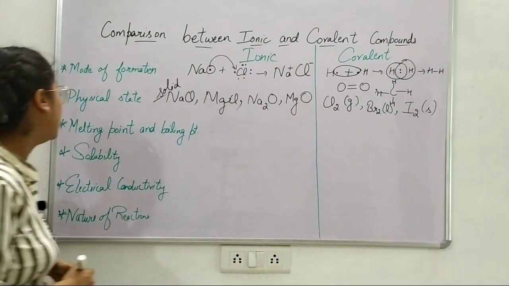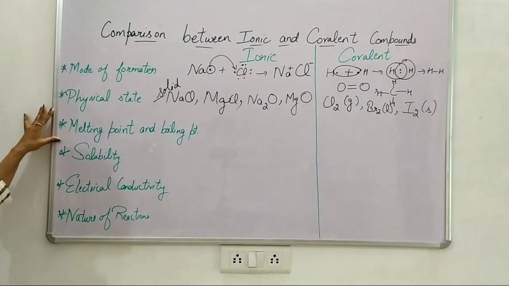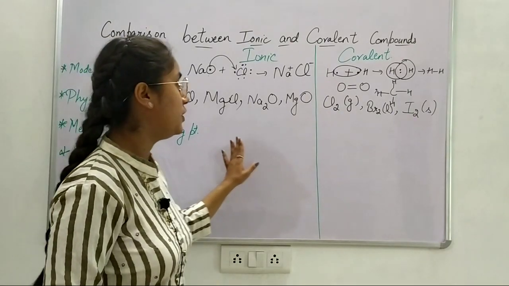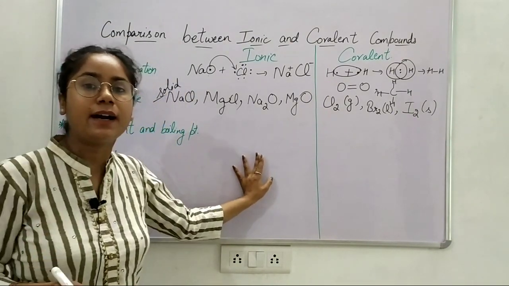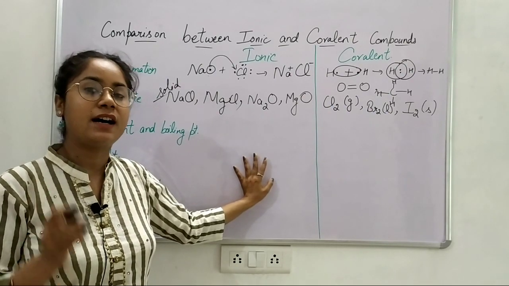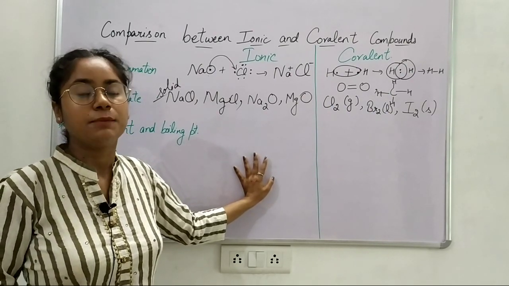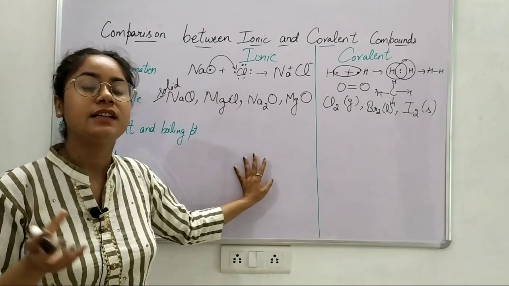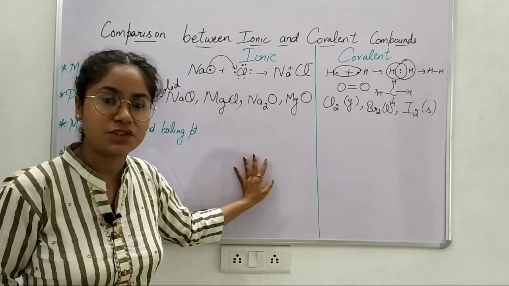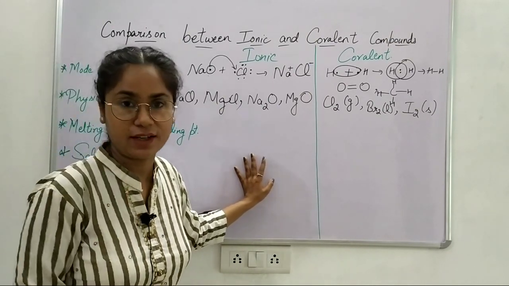Now comes melting point and boiling point. You all need to remember, all the ionic compounds have high melting and boiling points because they have strong forces of attraction between each other because of the presence of ions.